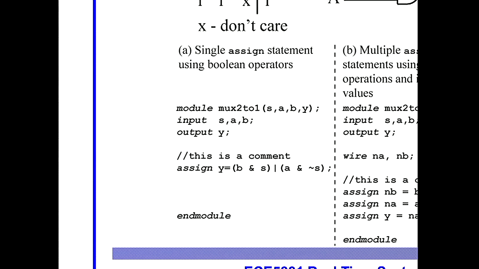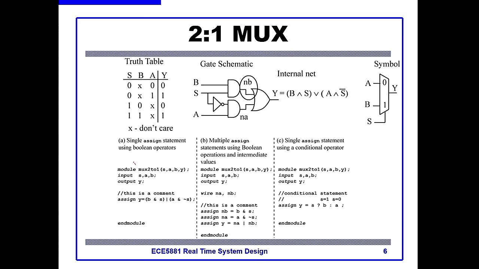So what you need to know here is a module statement is defining the interface to the external world with the signals on the inputs and the outputs, and there's a possibility of in-out, a double direction signal.